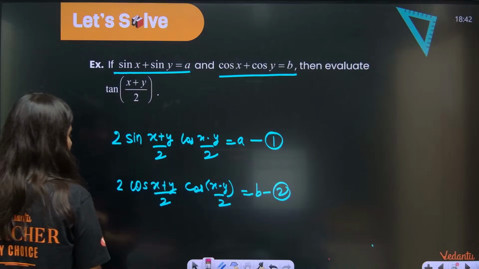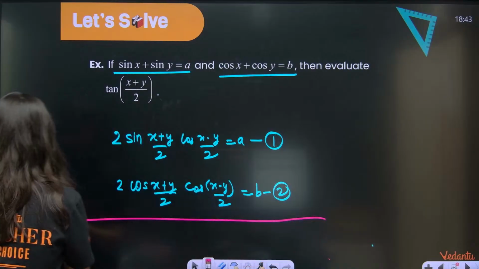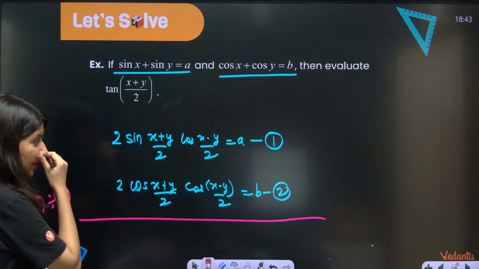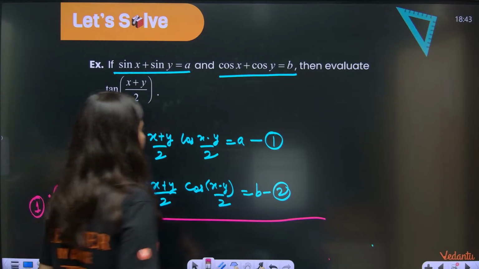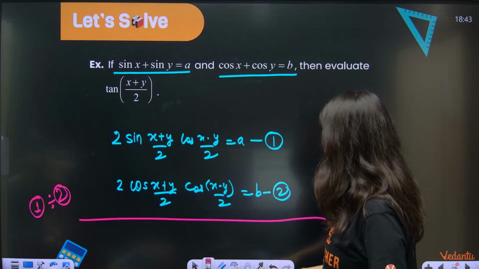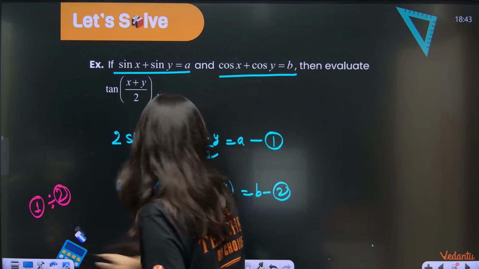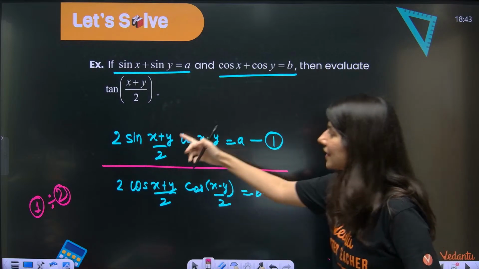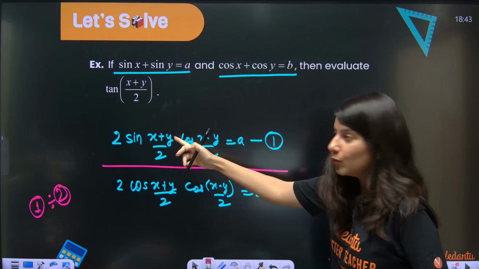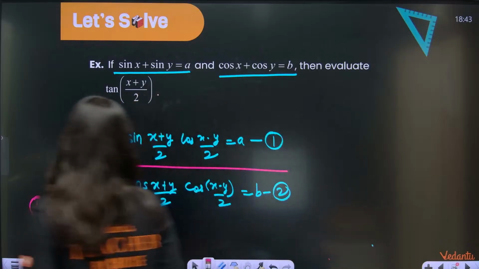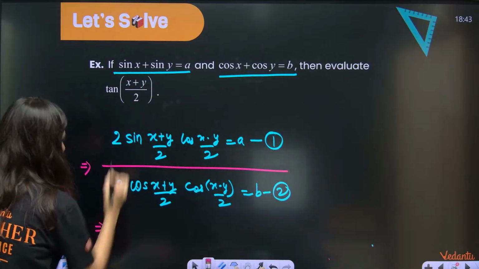Now divide the first by the second. The moment you divide, what will you get? 2 cancels. Sin (x plus y)/2 upon cos (x plus y)/2. 2 and 2 cancel.